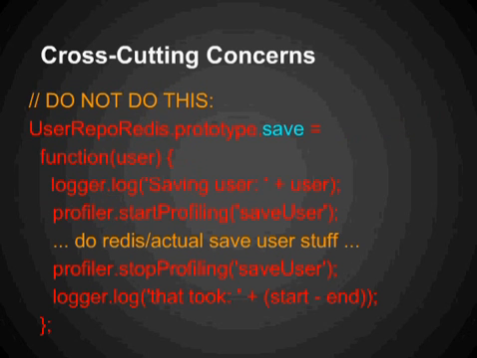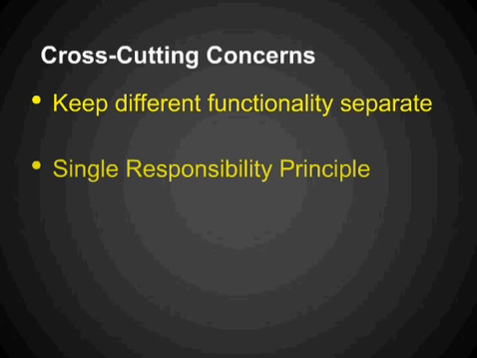And the problem is that every time I use user repo Redis, now I have to have logging and I have to have profiling, and it's stuck in there. And not only that, when I switch over to my user repo S3 implementation and I want logging and profiling there, I've got to remember to cut and paste this code and move it over to my S3, and now it's stuck in my S3 implementation. So we don't want it there either.